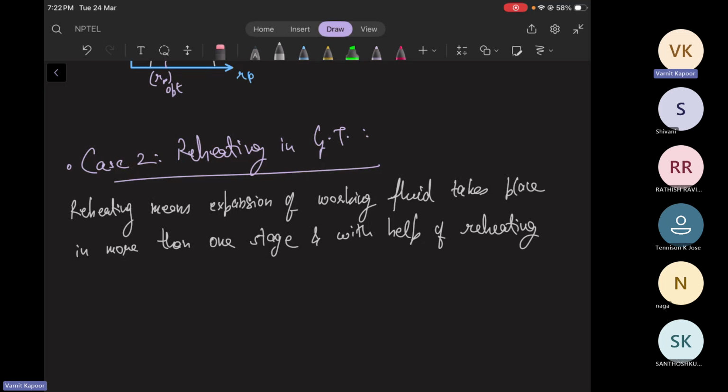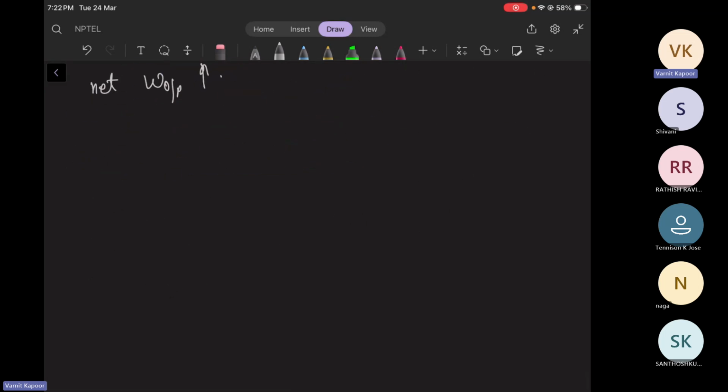So you can do the regeneration plus expansion of the fluid. Reheating, network output is increasing. So let us see the schematic diagram for it.